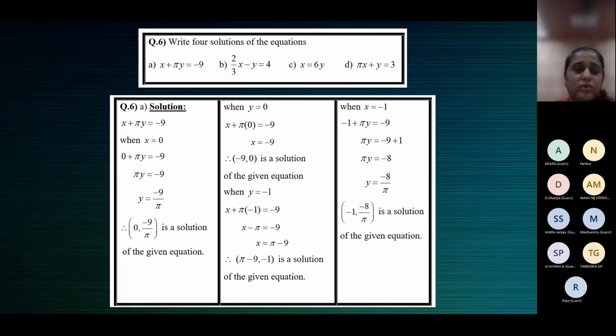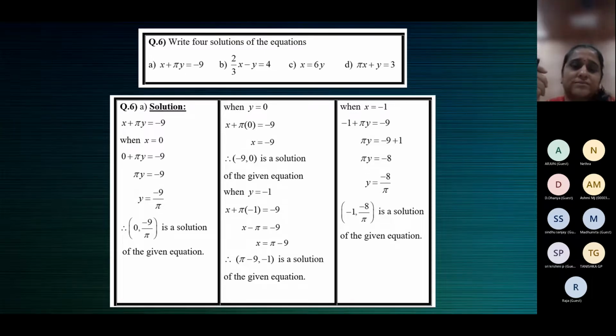So I've worked the first one alone for you. When it is any four solutions, you're free to take any value for x and find the corresponding value of y, or take any value for y and find the corresponding value of x. You should give the value of one variable and find the corresponding value of the other variable.